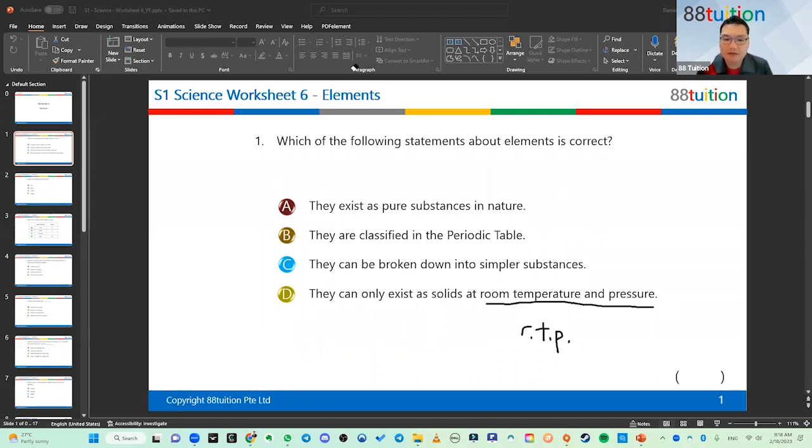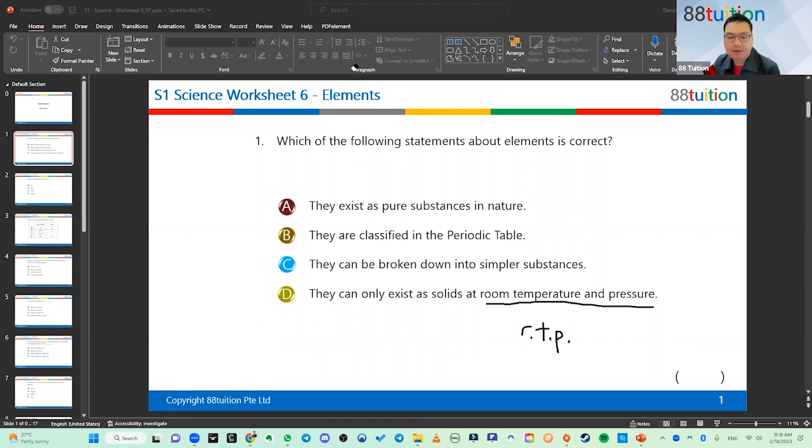They can also exist as impure substances like iron ore, or as mixtures in nature. Not all elements must be pure in nature, because the keyword here is in nature.